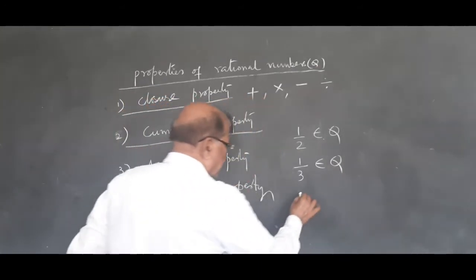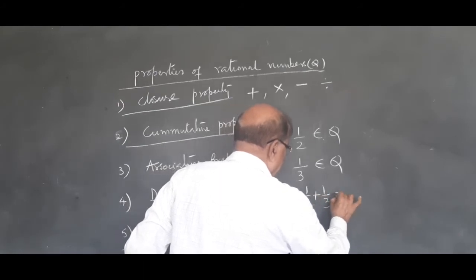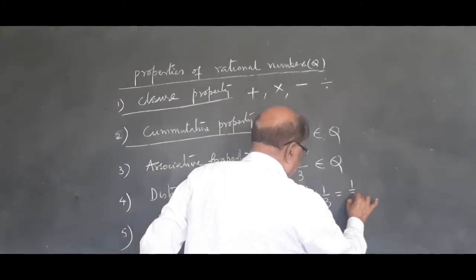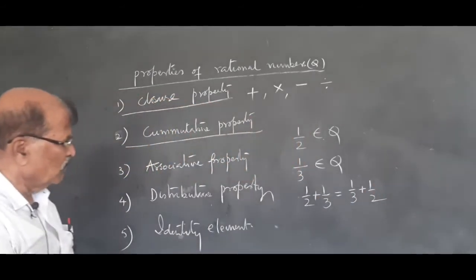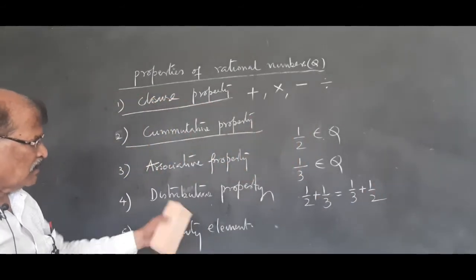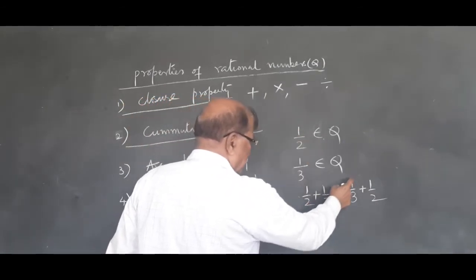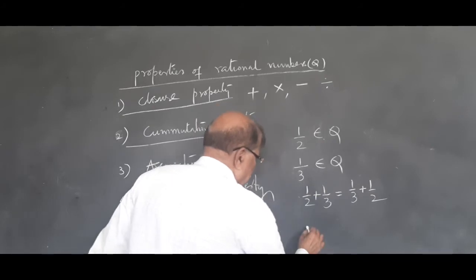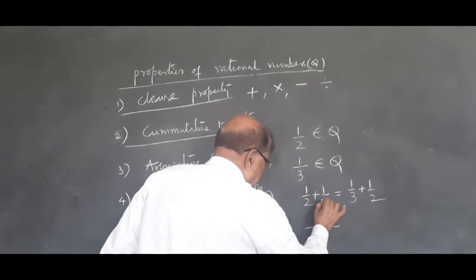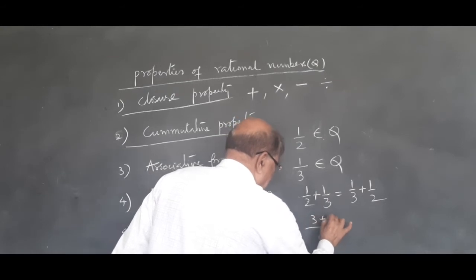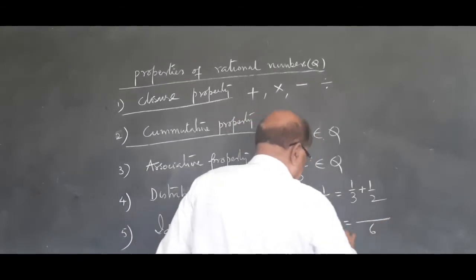So if you take 1 by 2 plus 1 by 3 is equal to 1 by 3 plus 1 by 2. You reverse it, add 1 by 2 plus 1 by 3, 1 by 3 plus 1 by 2. So you are getting 6, 3 2s are 6.